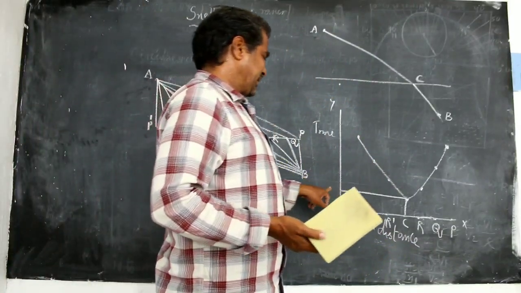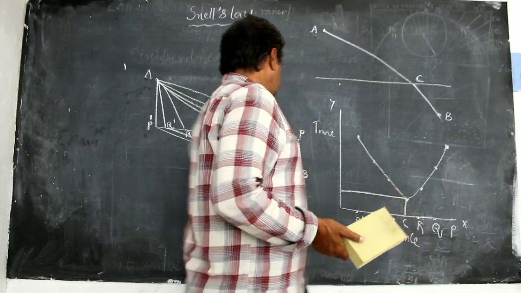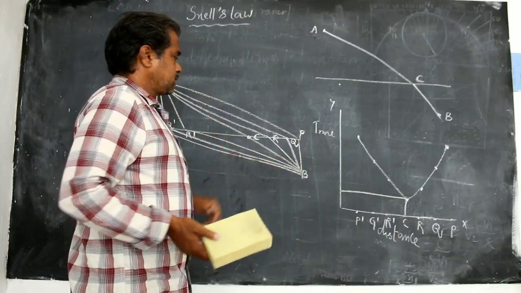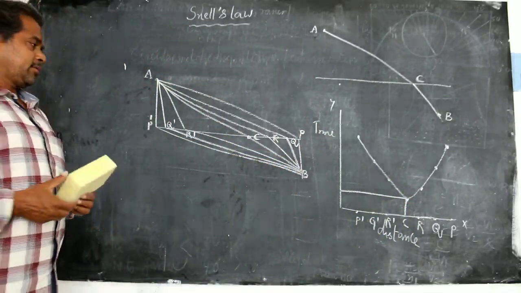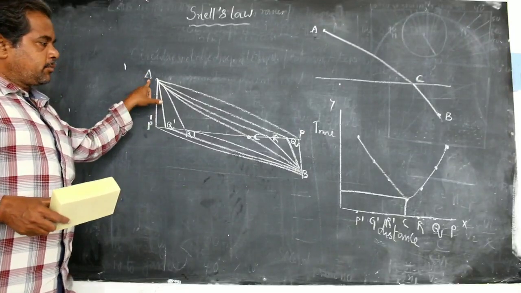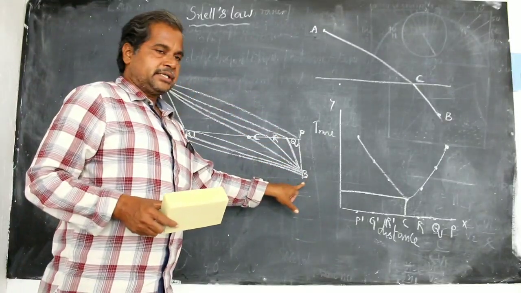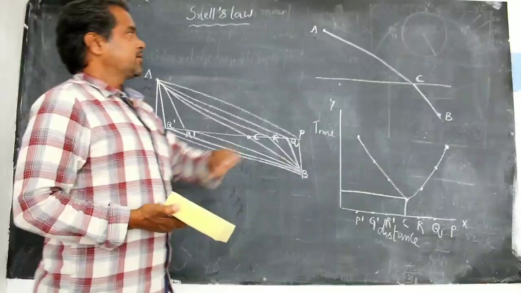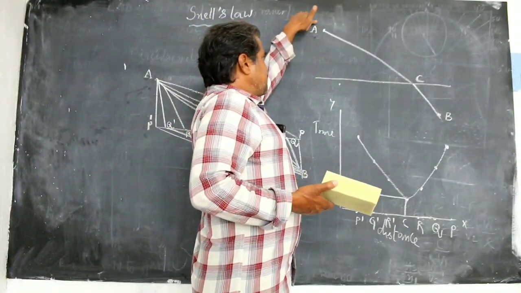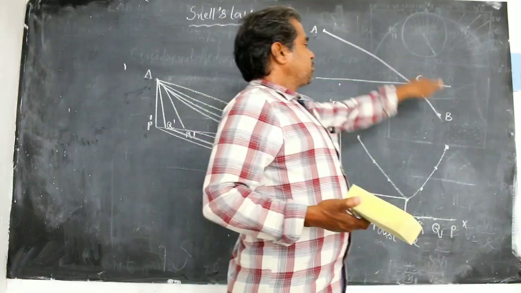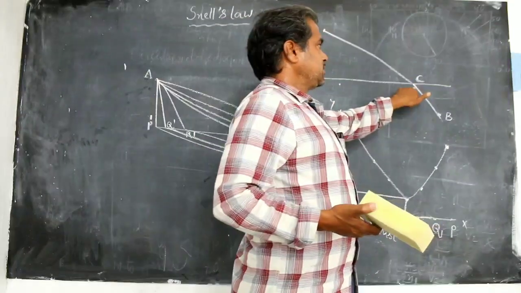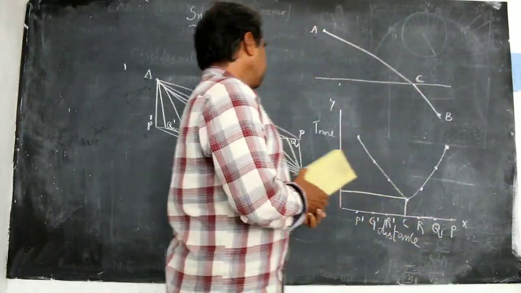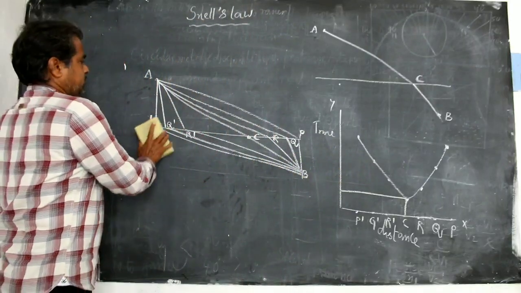From this graph it is very clear that the ACB path is the least time taken path to travel from point A to point B. So that's why we concluded that for any person who travels from point A to point B, the ACB path takes the least time.